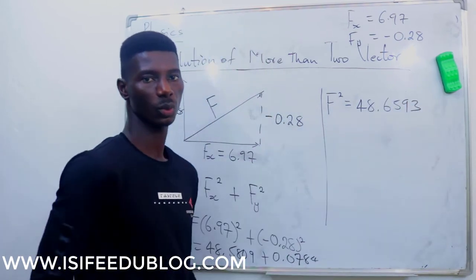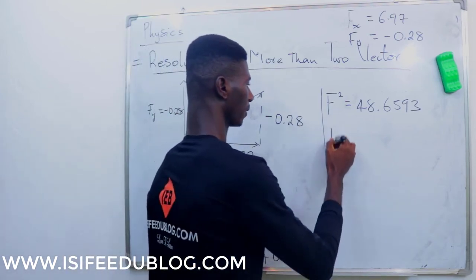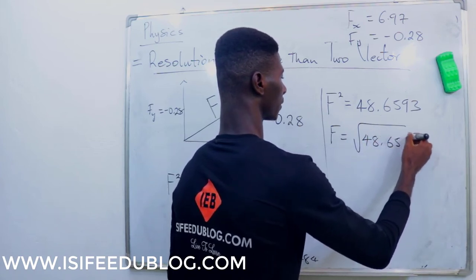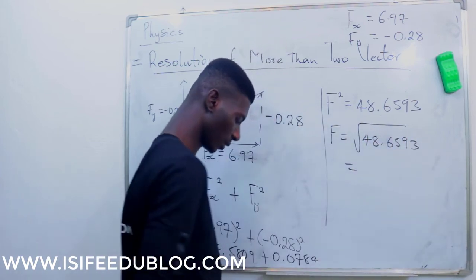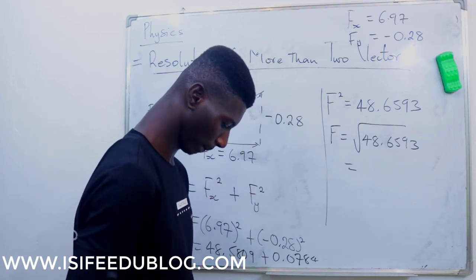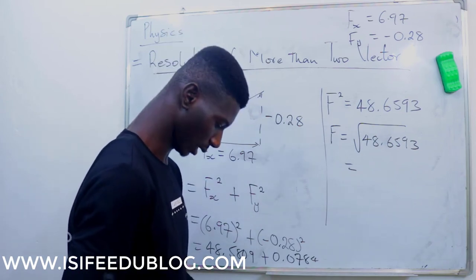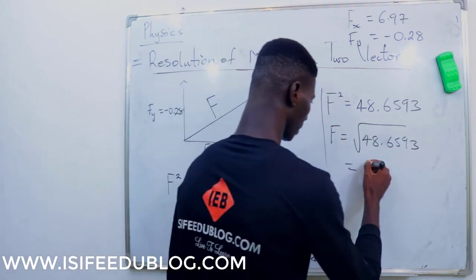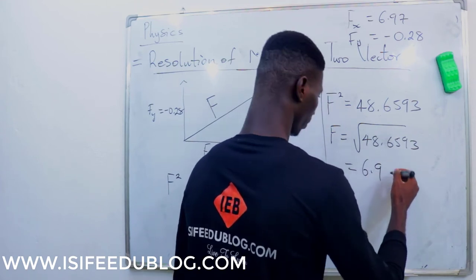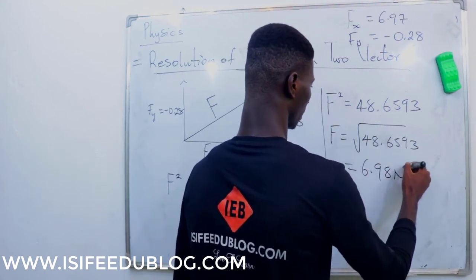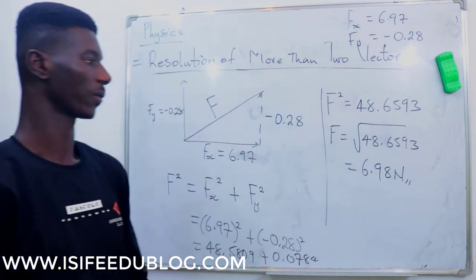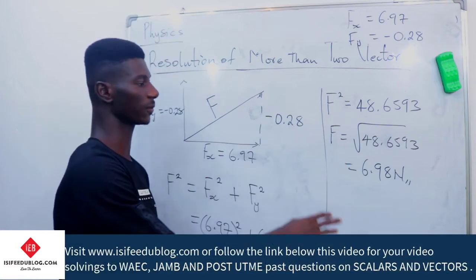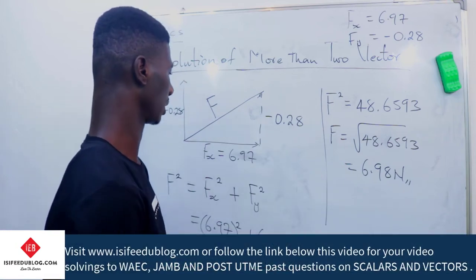But we are not looking for F squared, we are looking for F. Therefore, F becomes the square root of 48.6593. If you take the positive square root of that, that gives us 6.98 Newton. This is the resultant force. So that is how to solve the question. Always take note of the signs. So the resultant force is 6.98 Newton.